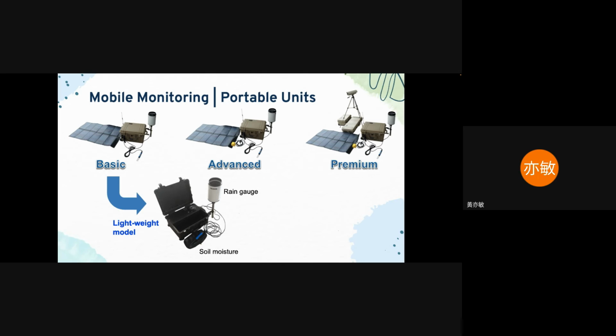So we have a lightweight model instead of the basic model. It's even smaller, lighter, and easy to carry. And we put them all together in one microcomputer, and you have the chips and functions we set up, and it will do the jobs by itself.